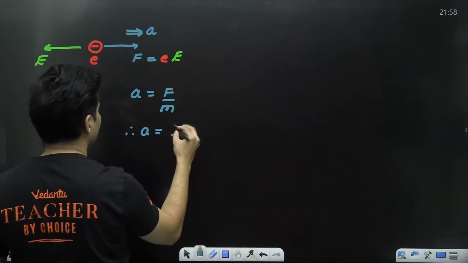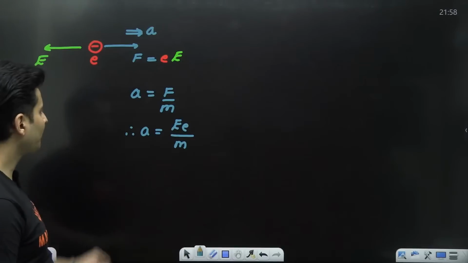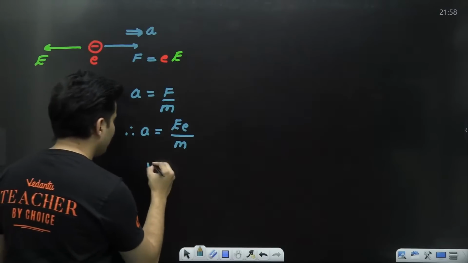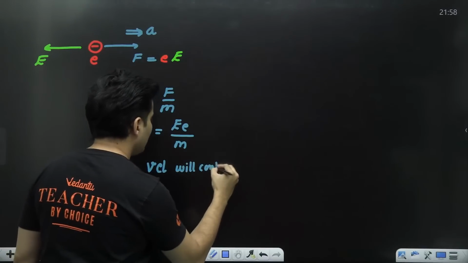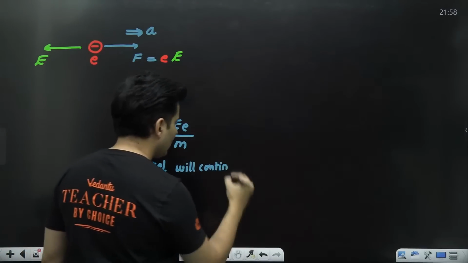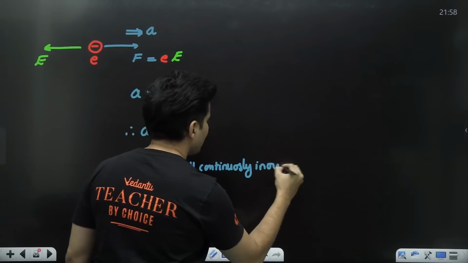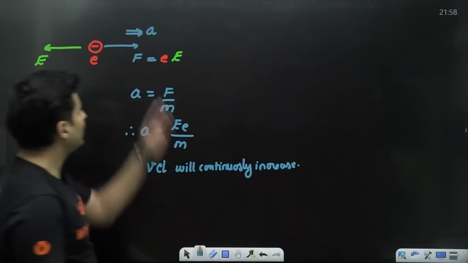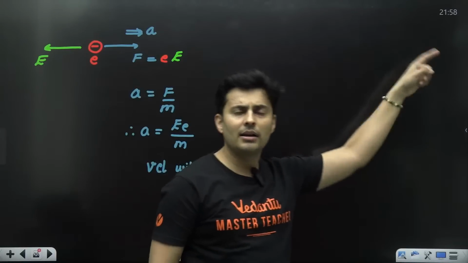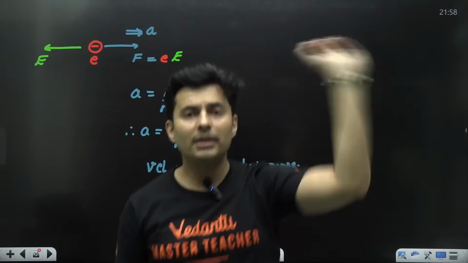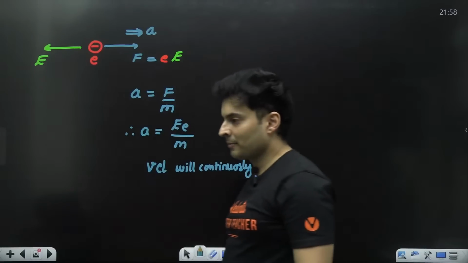The force itself is capital E into small e. Because of this the velocity will continuously increase. After some time it will become 2 meters per second, then 10, 20, 40, 100, 1000, 1 lakh, if the field is continuous. There is nothing to stop it.